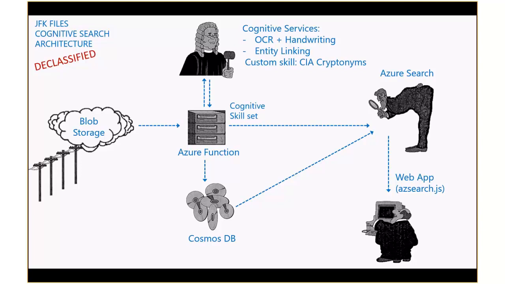The Azure Function also starts the Azure Search indexing process for the new data. Azure Search updates the index with multiple rankings, and there is an end-user application to query and navigate through the data. So that's the whole JFK project architecture, and you have access to the code on GitHub.